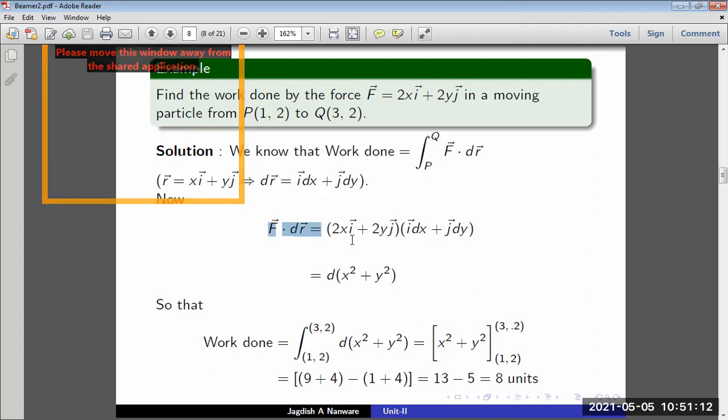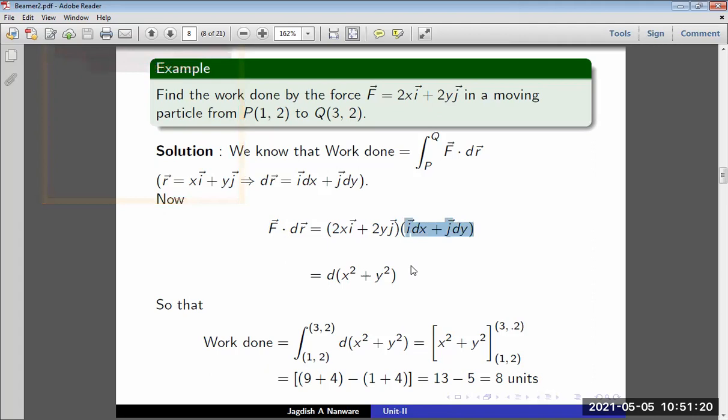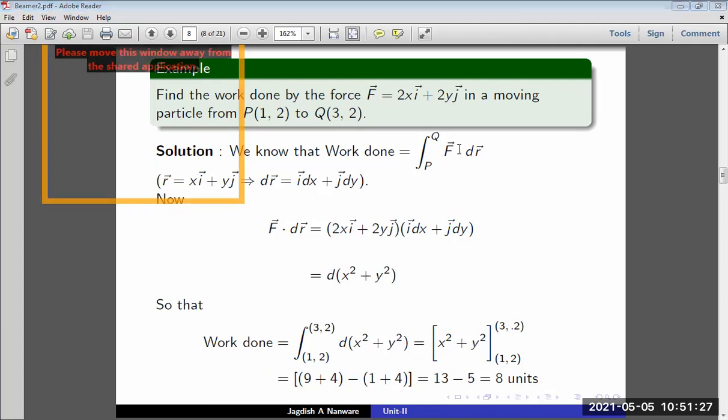Okay, so this is vector F, that is the given force, and the dr vector is this. And we use the properties of the dot product. What is the property for the dot product of similar vectors? Vector i dot vector i is equal to 1, and likewise for the other vector, j dot j.